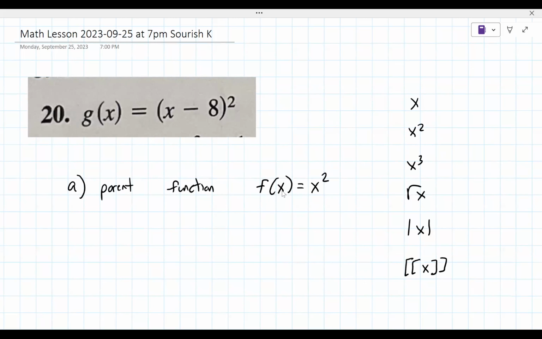Okay, that's a quadratic function. That's right.